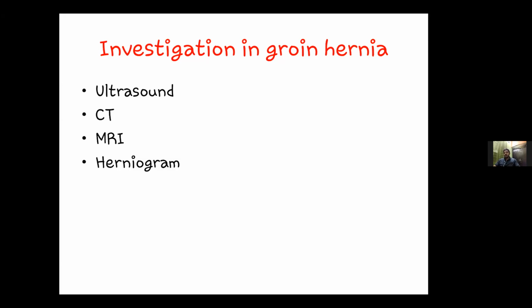You said ultrasound, ultrasound of what are you doing? Of the inguinal region, sir. Right. Anything else you want to check in the ultrasound? The opposite side also must be checked, sir, since bilateral hernias are common.